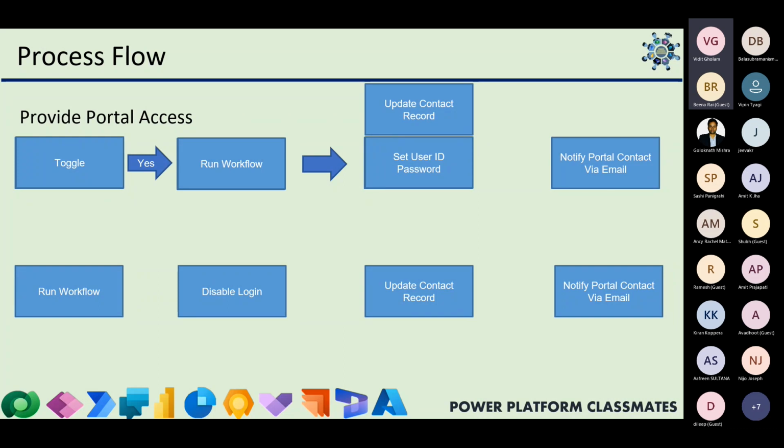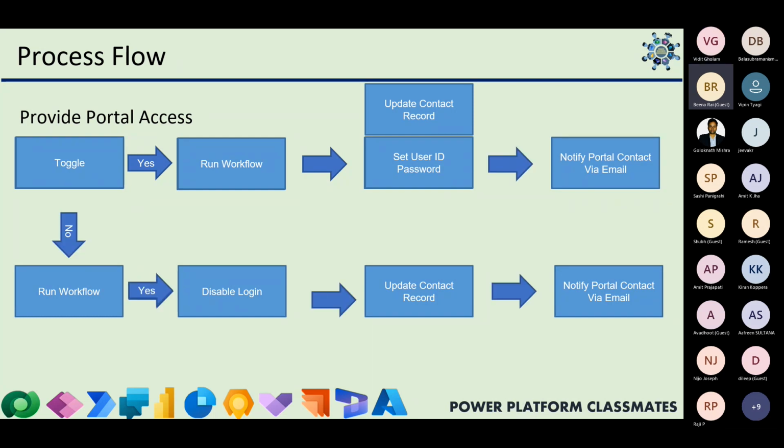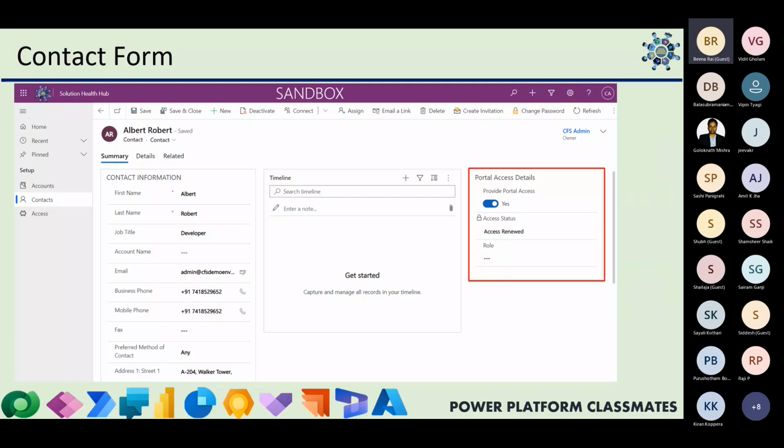So let's begin with the CRM form first. That's how our CRM form looks like for contacts. This is just a Dataverse environment, and I'm using a very basic app which is provided by Microsoft by default. This is the same contact entity which resides in our Dataverse.